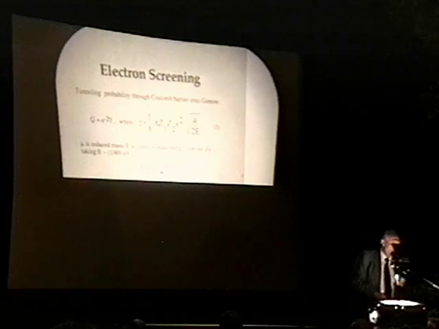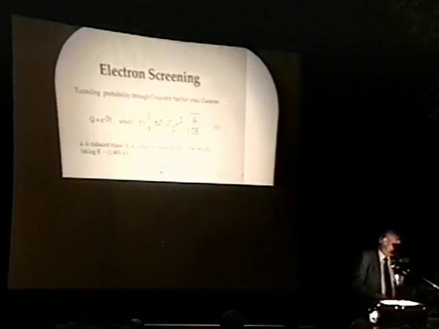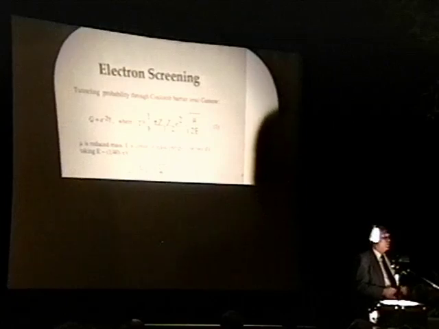If you look at a center of mass energy of 1/40th of an electron volt, that's like 300 degrees Kelvin, and you plug into the gamma factor here, you find that the tunneling probability is 10 to the minus 2,730 at room temperature. And if we plug in the astrophysical factor and things like that, you get terrific fusion rates.